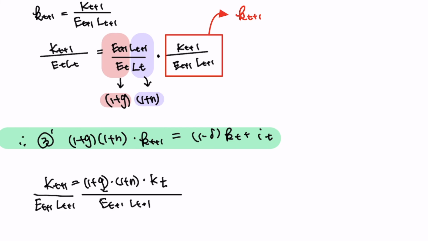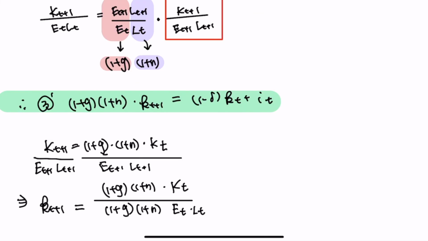And then the kt plus 1 in fact equals 1 plus g multiplied by 1 plus n multiplied by the aggregated k. So then what we are going to have is that the uppercase kt plus 1 over et plus 1 and lt plus 1 is the definition for the lowercase kt plus 1.